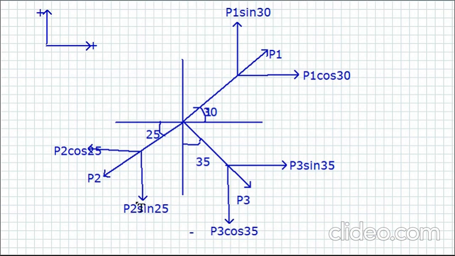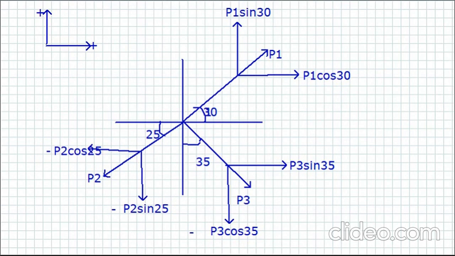Similarly, P2 sin of 25 is opposite to the positive y, so this component is also negative, that is minus P2 sin of 25. Then the x component of P2 is going towards left while positive is towards right, therefore it is negative.